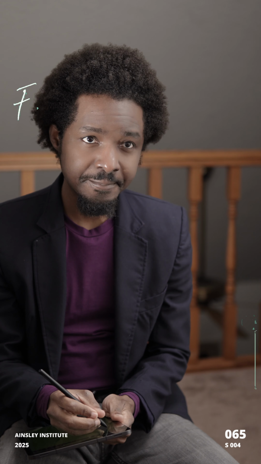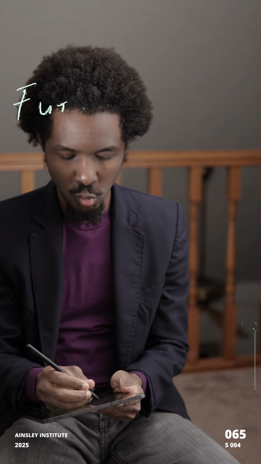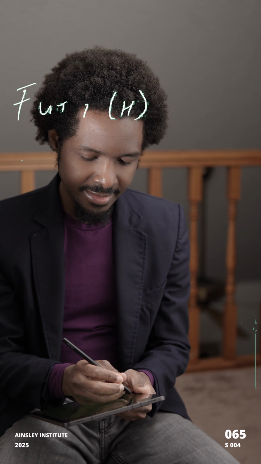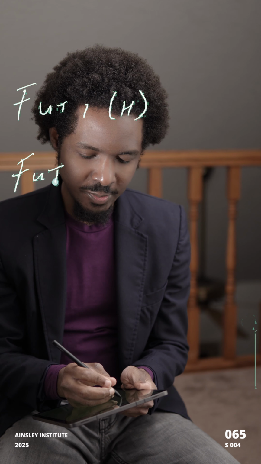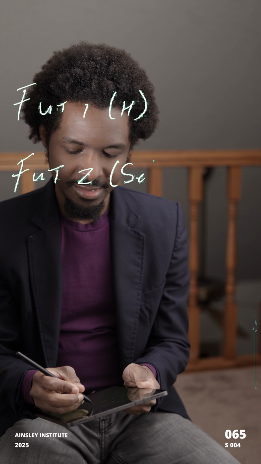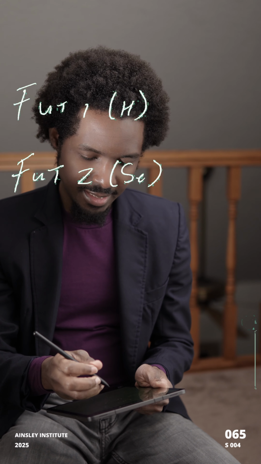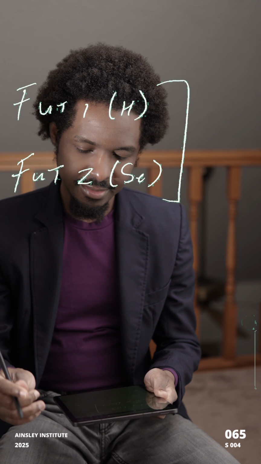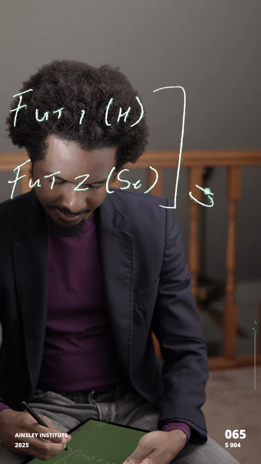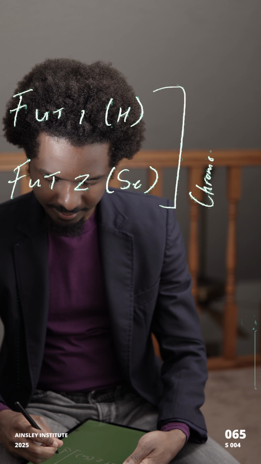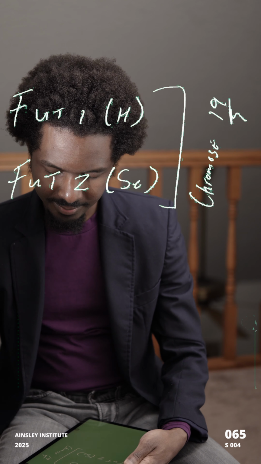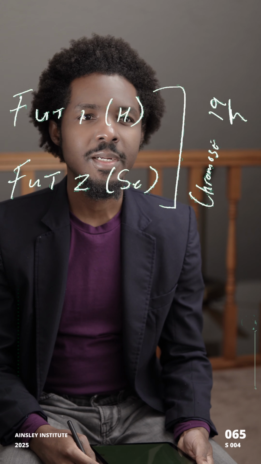So we have FUT1 H and FUT2 SE. Alright? And these are on chromosome 19. So just remember that.